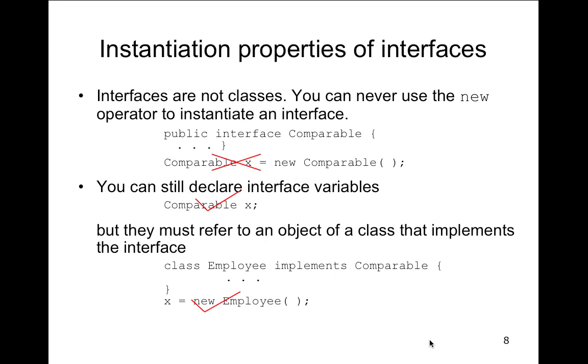So let's look at some properties of interfaces, because we can use an interface inside of a class. We can use it on its own. Interfaces are not classes, so we can't make instances of them out in the main driver program. And we can never use the new operator on them. So we can't say, as an example, Comparable x is equal to new Comparable.